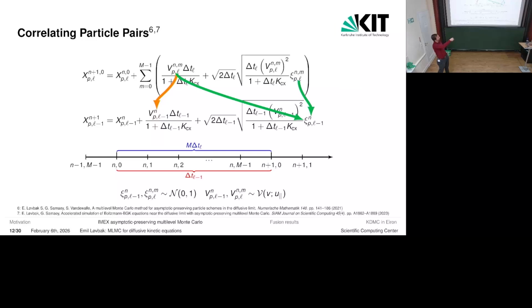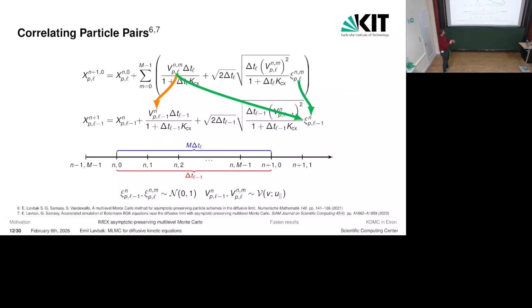And we do the same with the normally distributed increments for the Brownian motion, but we also have the initial coupling in this direction. The idea behind this is that if you take very small time steps, the kinetic dynamics are dominant. That's what I've said a couple of times already.